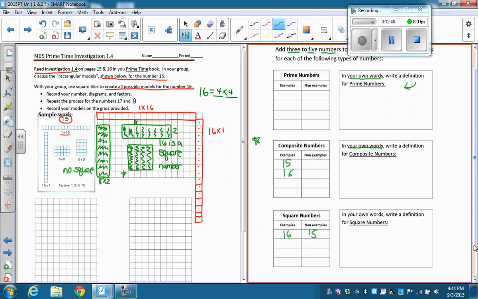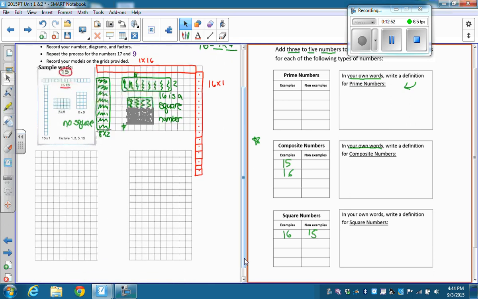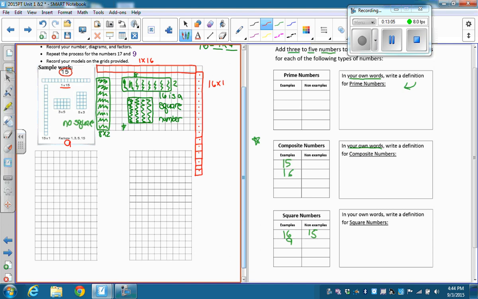Okay, so think of another square number. 9. Yeah, 9's a square number, so why don't you write that down, Katie. And then Katie over here, just by coincidence, 9 was one of the ones we were supposed to do, right? So, 1 by 9's kind of not so fun, not very exciting, right?